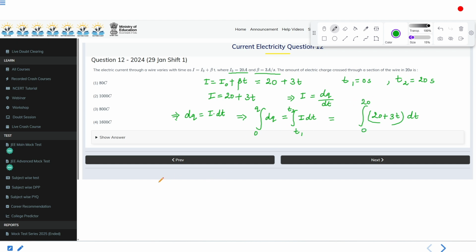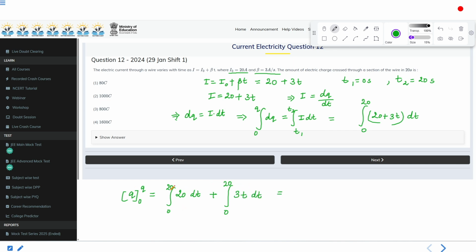Now after solving this, dq will become q with limits from 0 to q, and the other side will be the integral of 20 plus 3t dt from 0 to 20. We can separate out this integration for different terms, or we can solve it directly also, but it is for simplicity so that you may not get confused.